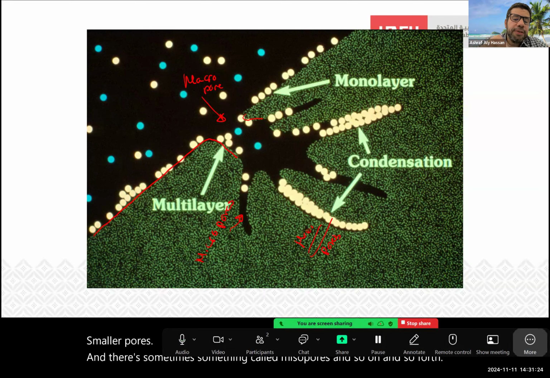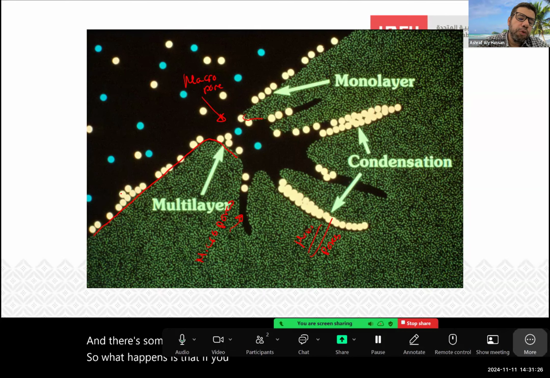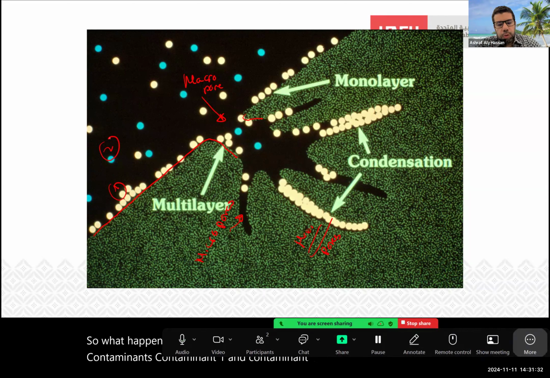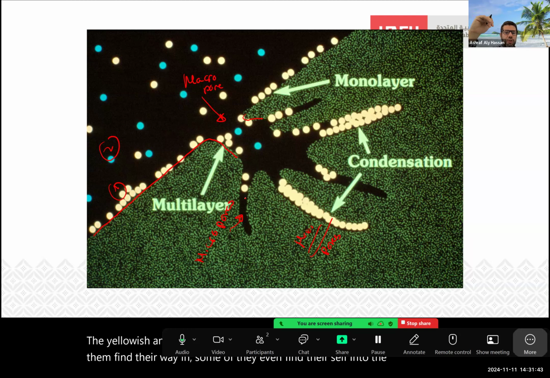So what happens is that if you have two contaminants here, contaminant 1 and contaminant 2, the yellowish and the bluish, they keep adsorbing to the surface. Some of them find their way in, some of them even find themselves in the macropores, micropores, mesopores, and so on.